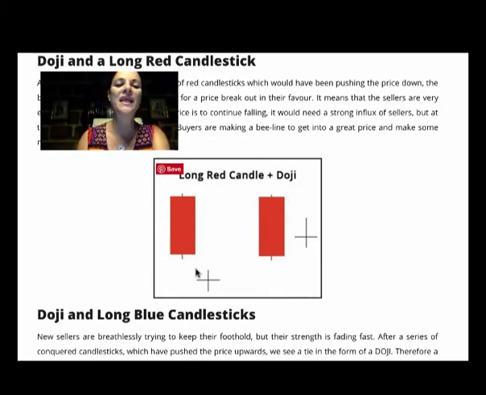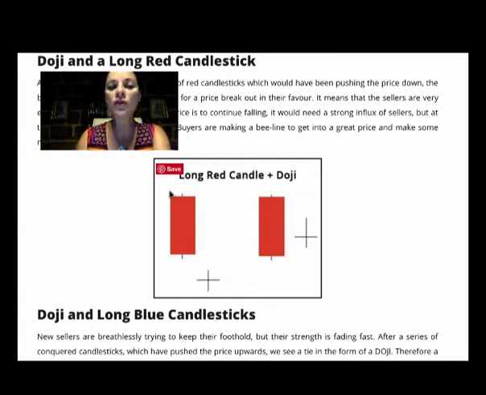Why is that? When the doji is following a candlestick with a very big long body, what it means is that the price is now at a tie.